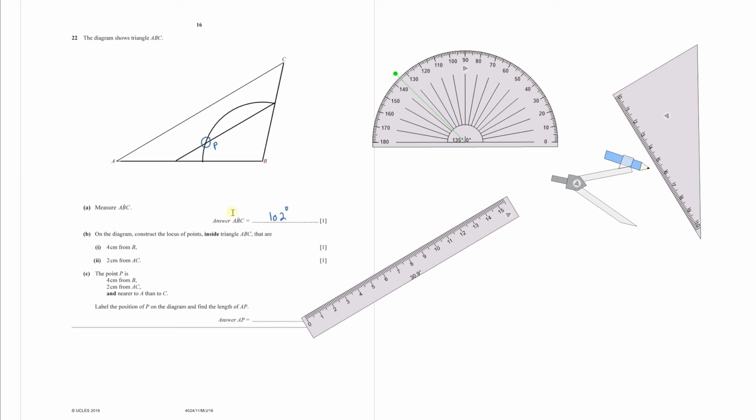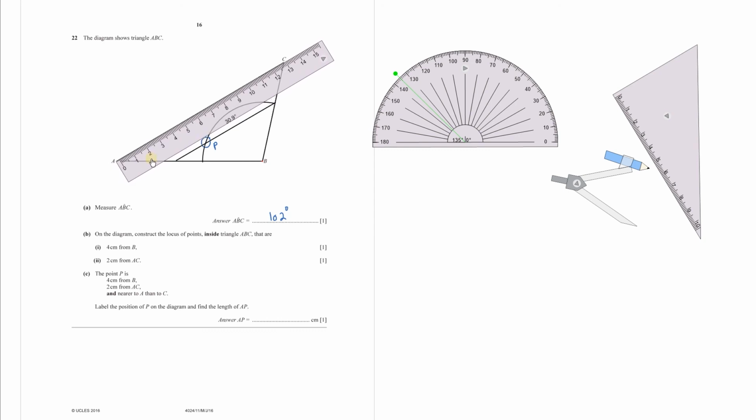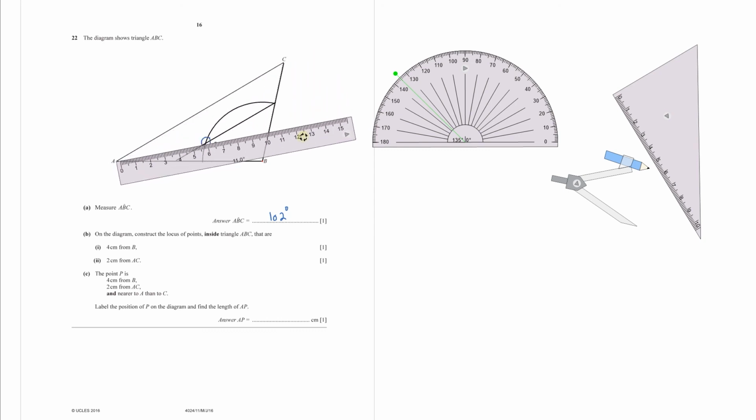And then you have to measure the length AP. So let me use my ruler again so that I can measure this length AP here. You have to start with 0 here. So this intersection point is about 6.2 centimeters.